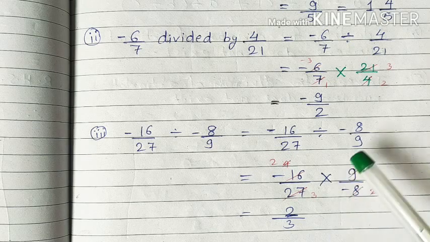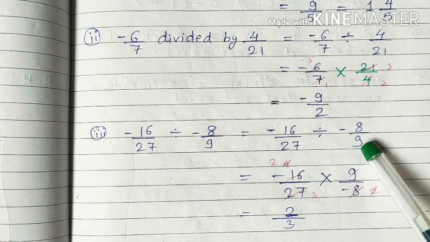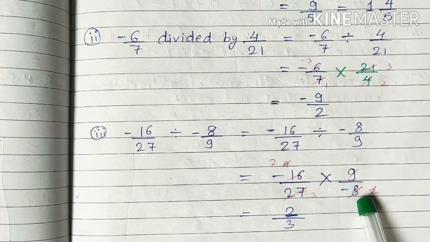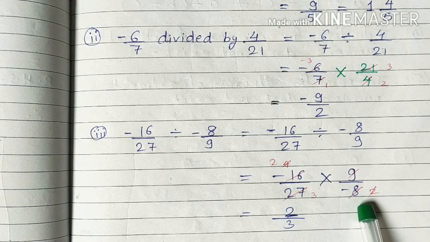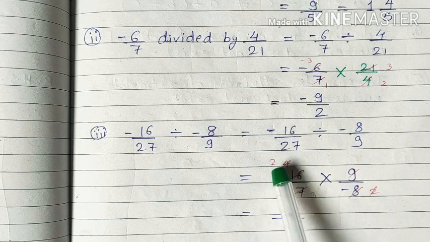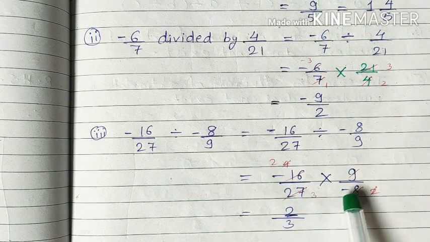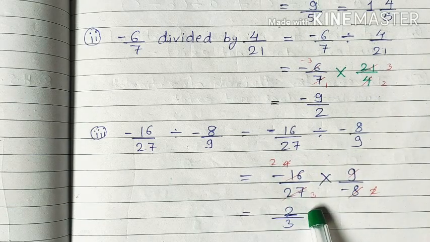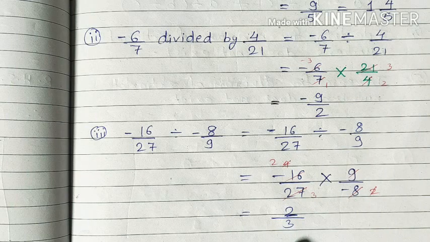Okay, we can give this minus sign to anyone, numerator or denominator, no problem in that. Then 8 ones are 8, 8 twos are 16, 9 ones are 9, 9 threes are 27. So what should be the final answer? 2 upon 3. And this minus and minus multiplied by minus, the answer should be positive.